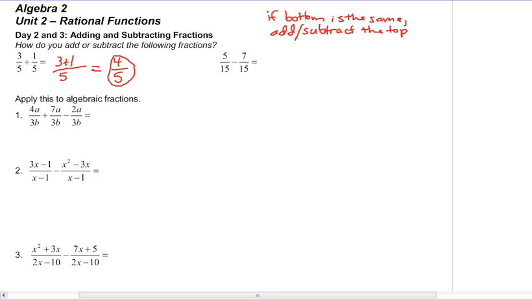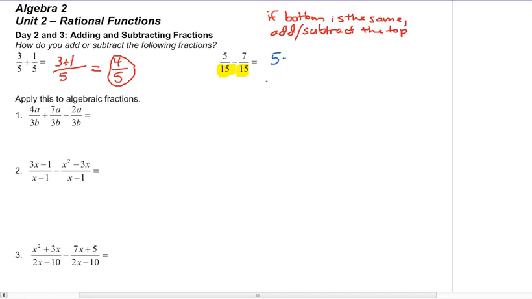Now, look at the one on the right as well. The first one was just adding. The second one is subtracting simple fractions. So let's look at that one. What we have is 5 over 15 minus 7 over 15. Okay, so since both denominators are the same, what we can do is just perform the operation on the top.